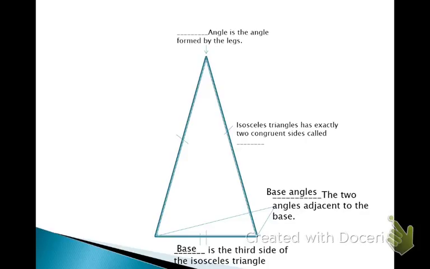Base angles: the two angles adjacent to the base. This angle and that angle. They touch the base. Those are your base angles. The isosceles triangle has exactly two congruent sides. The congruent sides are called the legs.